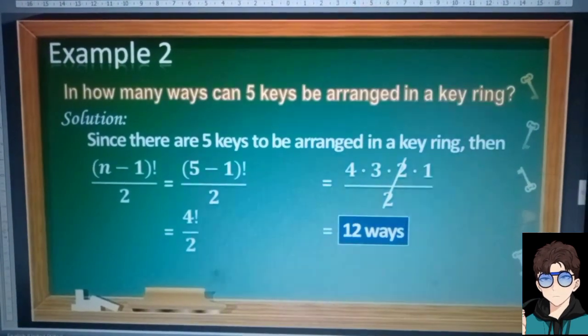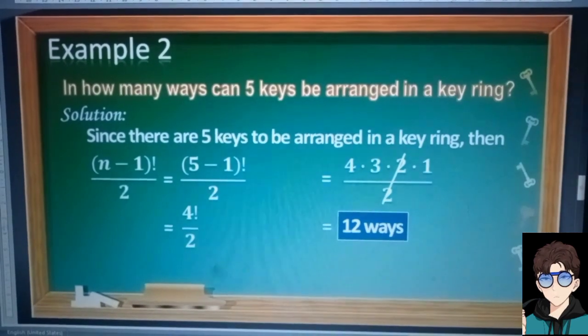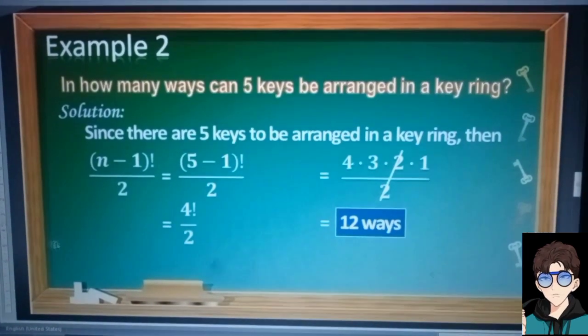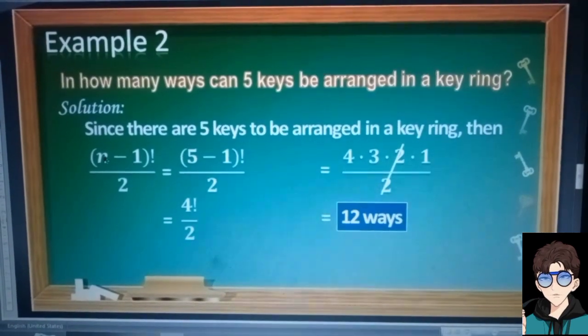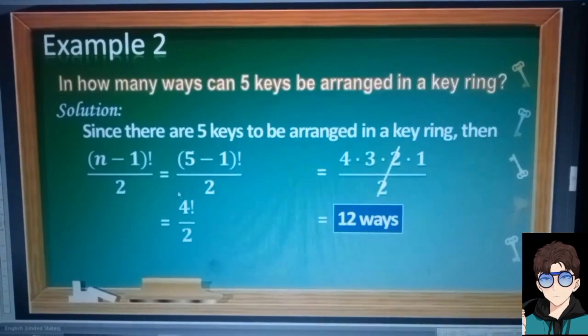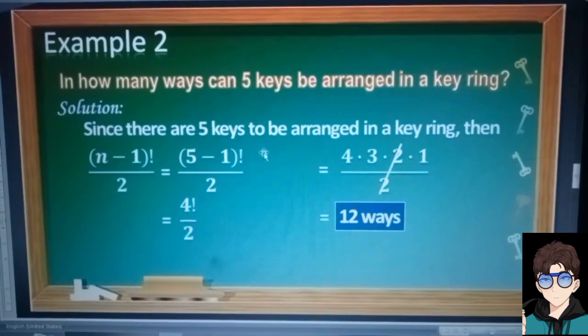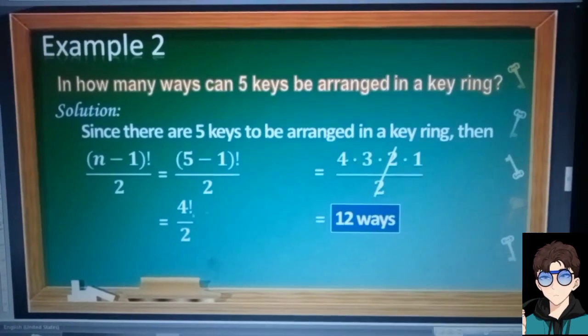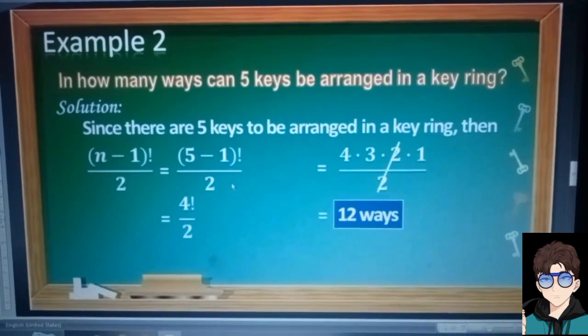Example number 2: in how many ways can 5 keys be arranged in a keyring? Since there are 5 keys, the quantity of n minus 1 factorial all over 2 is equal to the quantity of 5 minus 1 factorial all over 2. So 5 minus 1 factorial is 4 factorial, and copy the denominator 2.